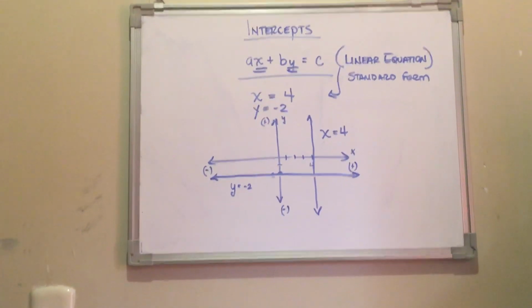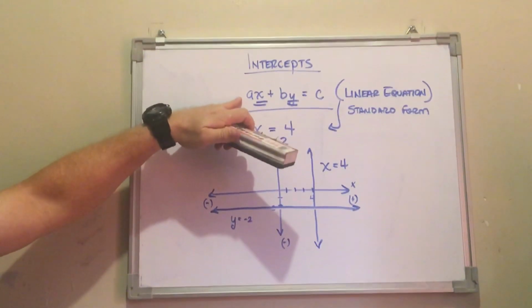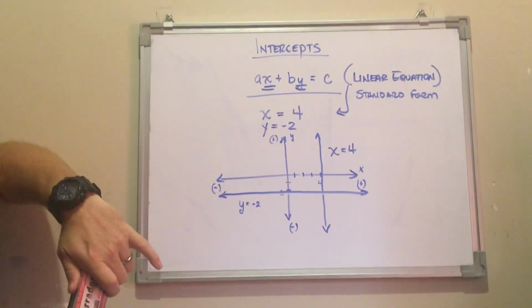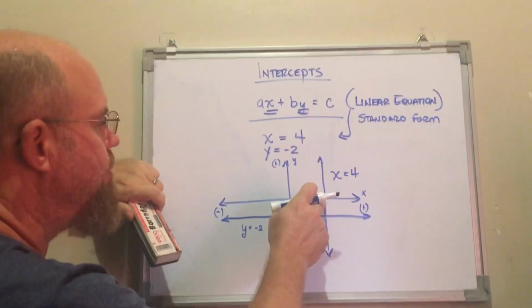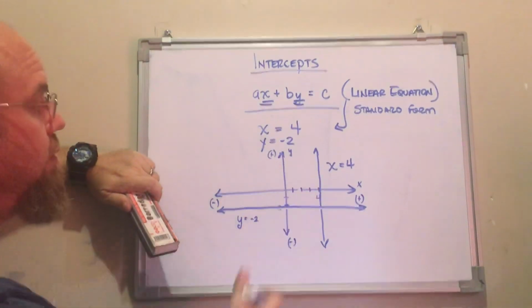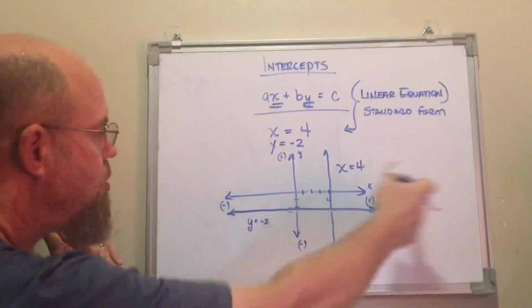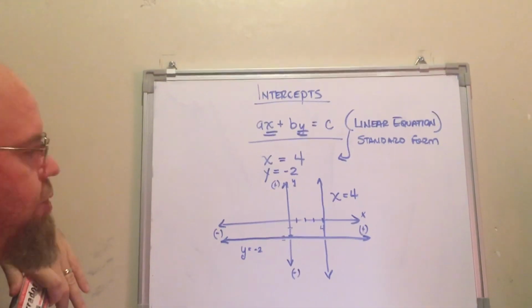Okay? So those are a little bit different lines than the standard form of a linear equation. Sometimes you'll just have x equals 4, which is a vertical line going through the point where x equals 4. y equals negative 2 is a horizontal line that goes straight through where y equals negative 2.